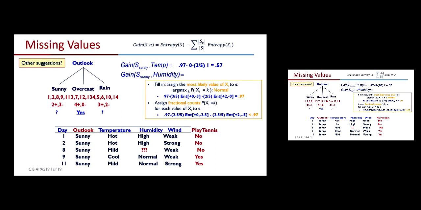You assume that the data was generated by some coherent model. There's some function behind this data. Something was missing, but you're going to try to estimate it and then use it to reinforce and keep on learning. Yes? So why the most likely value is normal?